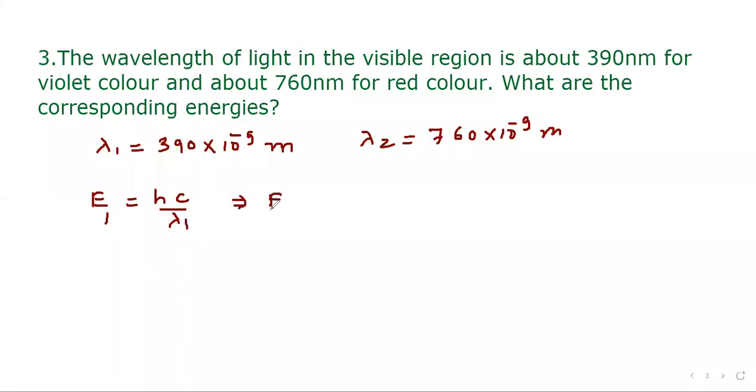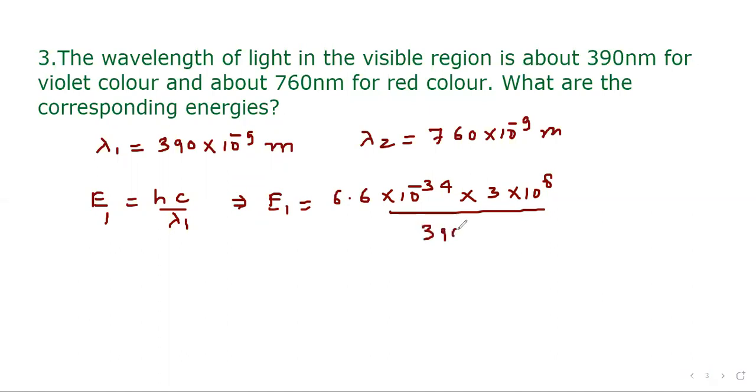We put the values. So E1 will be equal to h, 6.6 × 10^-34, times 3 × 10^8 divided by lambda 1, which is 390 × 10^-9. Now we can evaluate it.